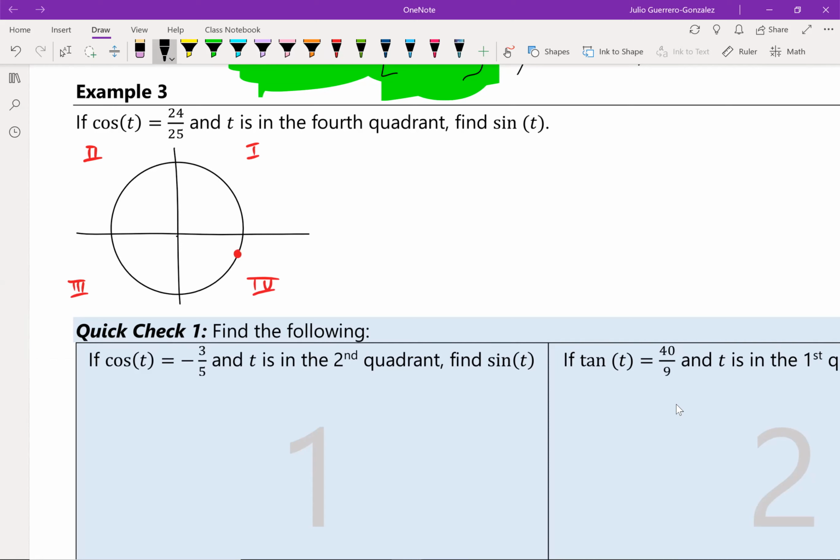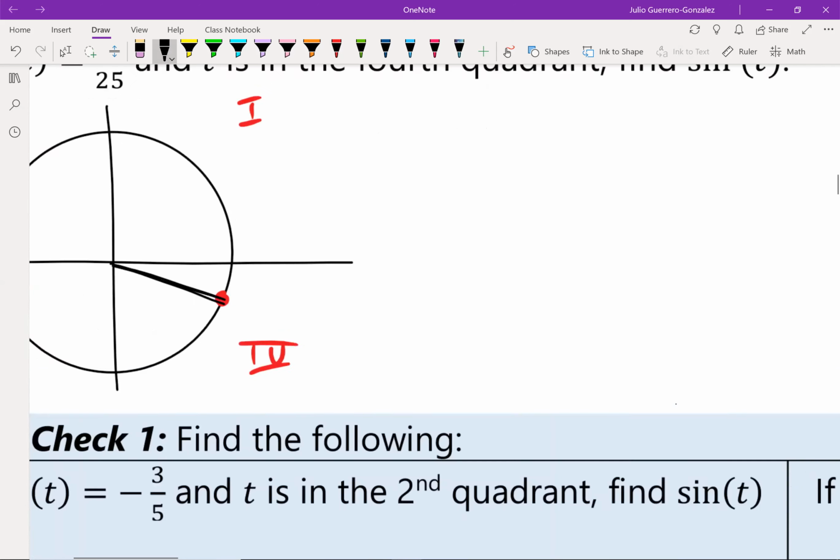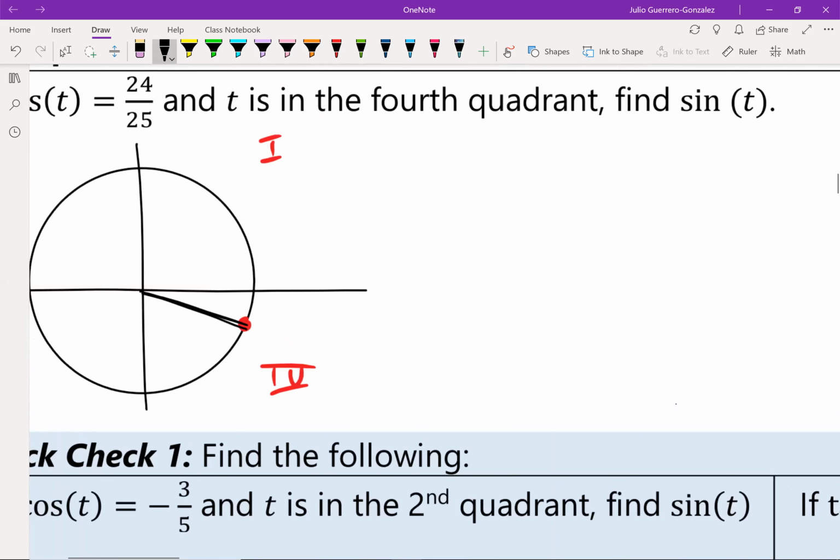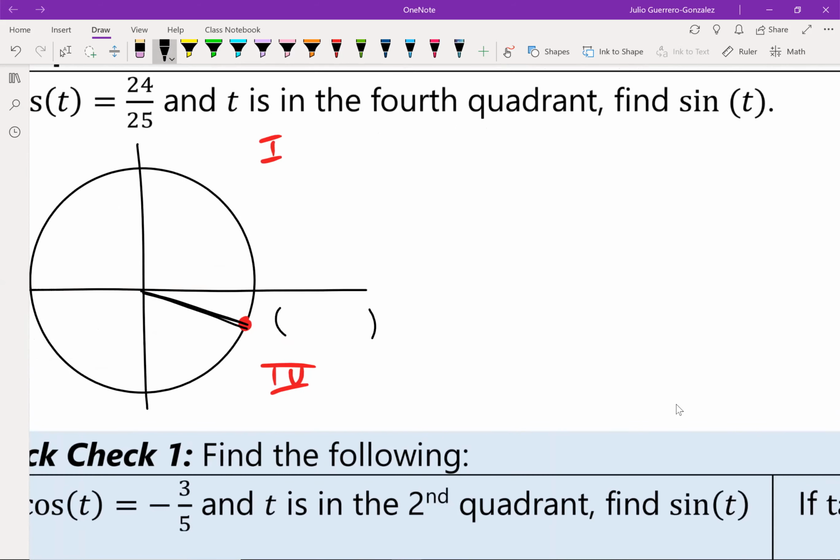And we know cosine of it is 24 over 25. So we know this is 24 over 25. What the heck is sine? We know this is a unit circle, so this is going to be 1.